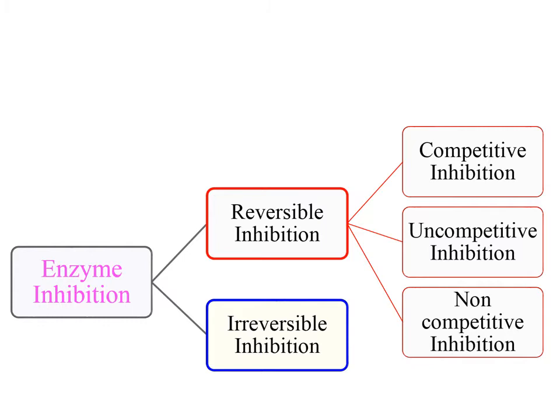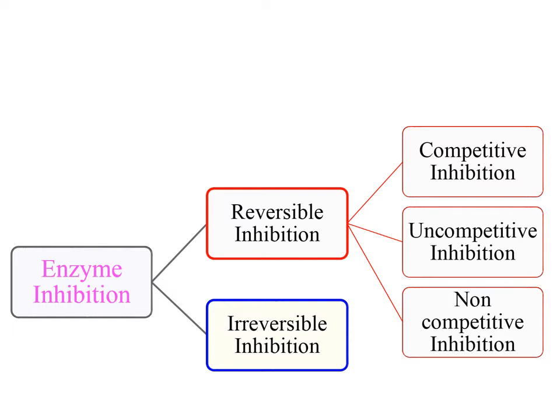The uncompetitive inhibition is when the substrate and enzyme have bound to one another. They have formed the enzyme-substrate complex. Then this third molecule can still bind to the ES complex. This is uncompetitive inhibition. And then finally, competitive inhibition.